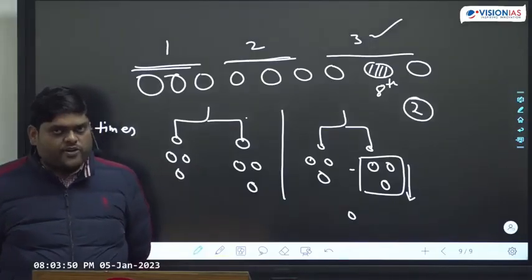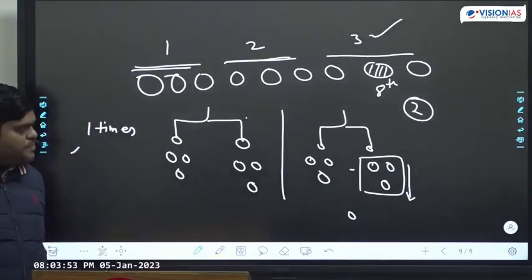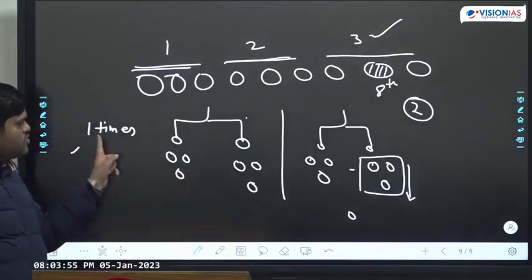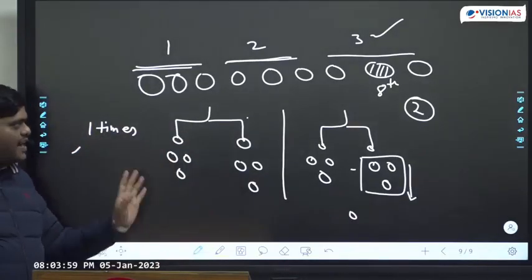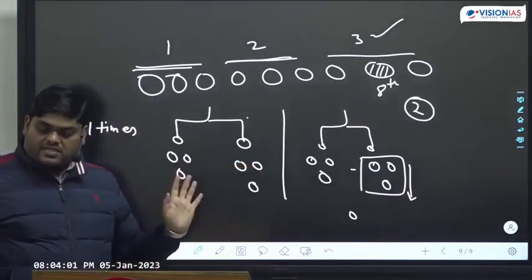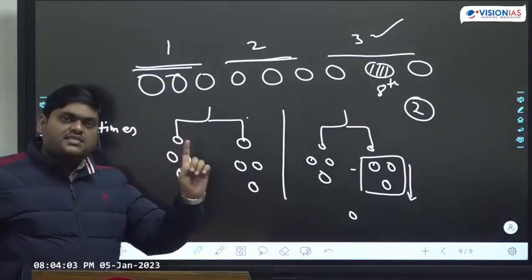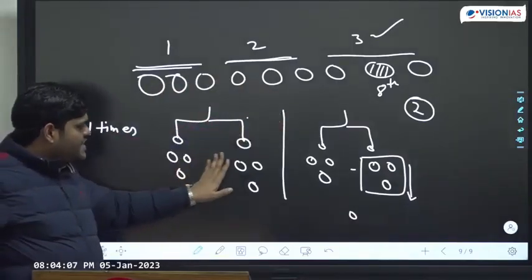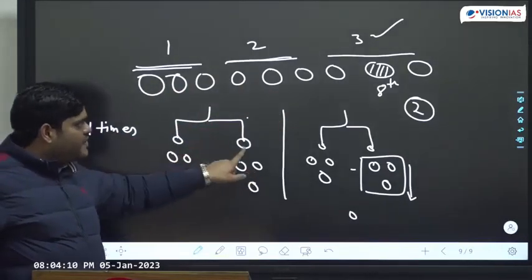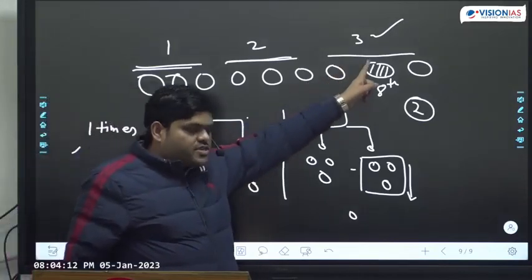Are you getting my point or not? That means by using this weighing machine 1 time, we are able to identify in which lot the heavier ball is. There are 2 possibilities. The first possibility is we take the first and second lot. If both sides are equal, that means the heavier ball is on the third side.